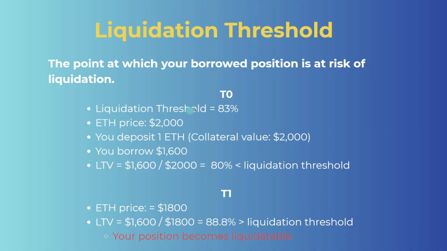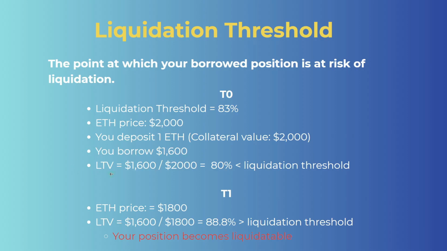Let's make an example to understand this better. Let's imagine we are at time 0. We have a liquidation threshold of 83%. Our ETH price is $2,000. We have deposited one ETH as collateral, so the collateral value is $2,000, and we borrow $1,600.